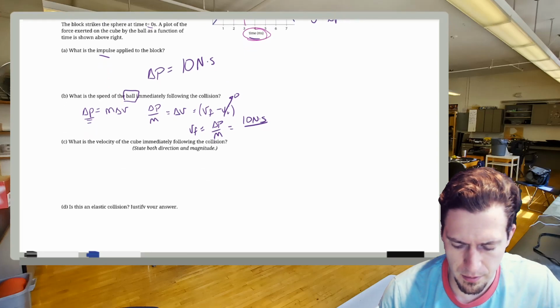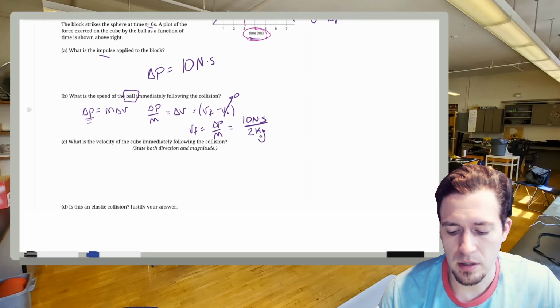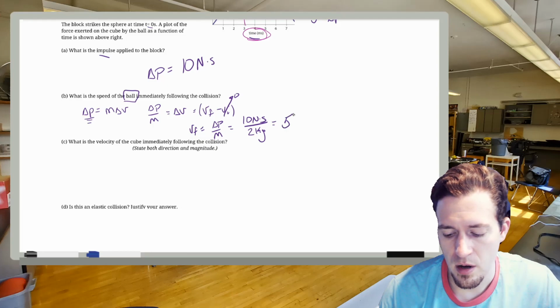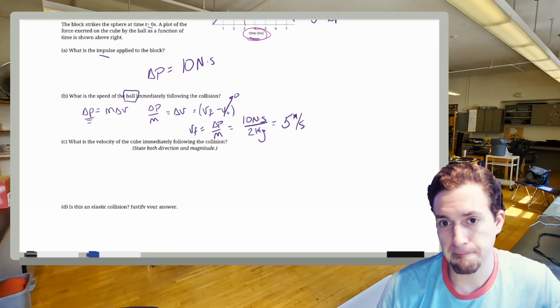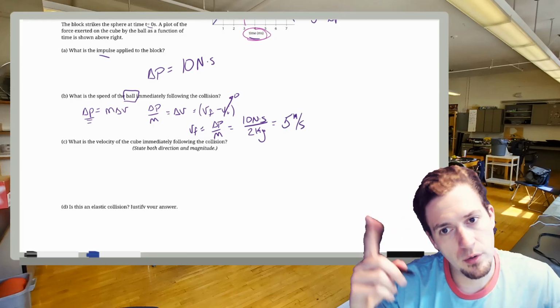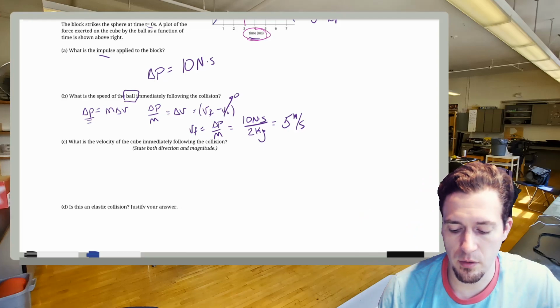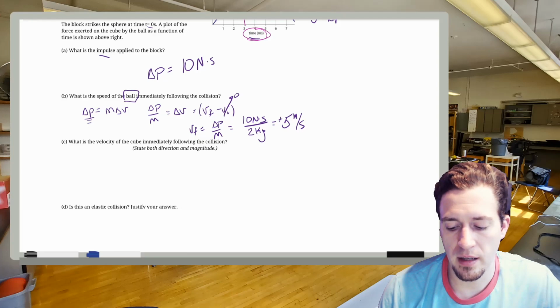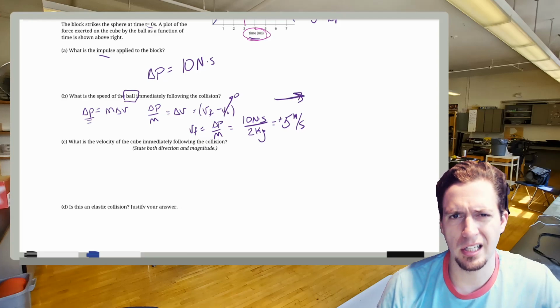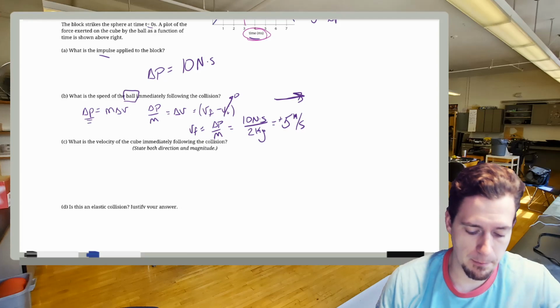They call it a sphere. 10 divided by 2 is 5 meters per second. You also notice a little note here: remember, velocities are a vector, so this value ended up positive, which means in the diagram it would be moving in that direction, which it should be. Okay, let's keep going.